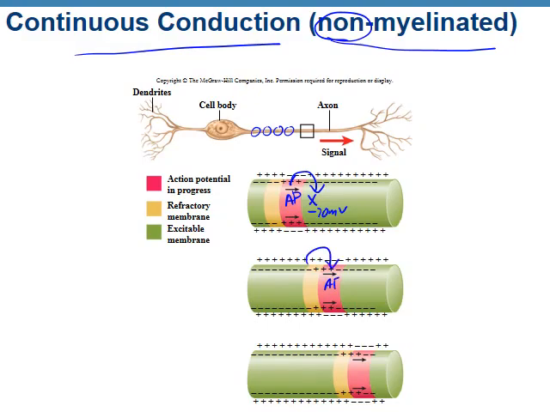The next section is forming an action potential, while the previous section, which was in action potential, is now in the refractory period. And then eventually the refractory period turns into the normal resting membrane potential, or excitable membrane. So basically the action potential is spread, or propagated, down the axon of the neuron.